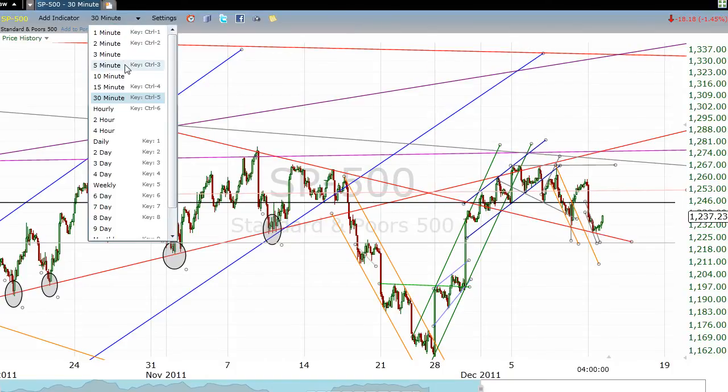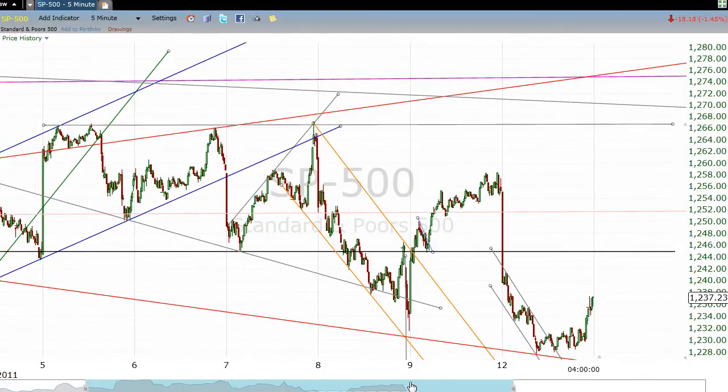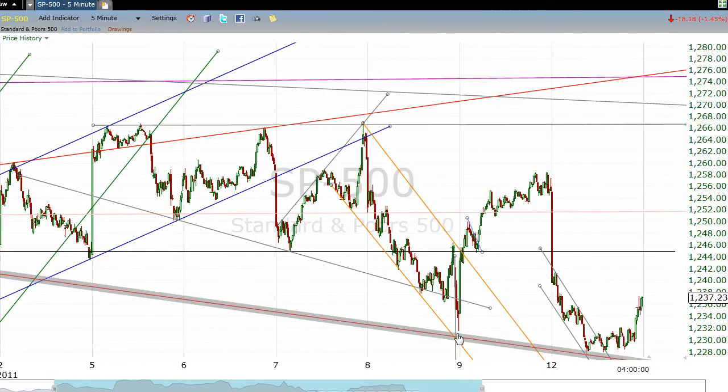If we look at a 5-minute chart to reorient things, you can see that the S&P bounced at the end of the trading day on the 8th. It bounced on that red line, and then today it bounced again.